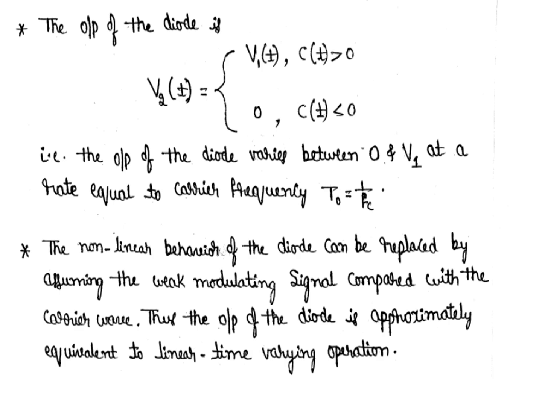The diode is a non-linear device. Its non-linear behavior can be simplified by assuming a weak modulating signal compared with the carrier wave. Thus, the output of the diode is approximately a linear time varying operation.